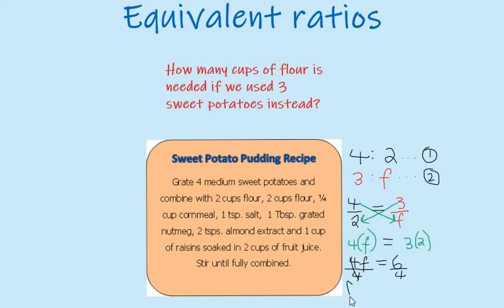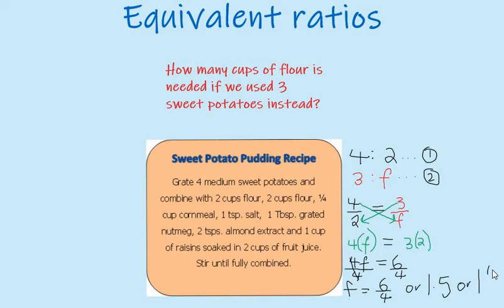So f is equal to 6 over 4, or 6/4, or 6 divided by 4, however you want to say it. In reducing this, 6 divided by 4 is the same thing as saying 1.5. We're saying the same thing.